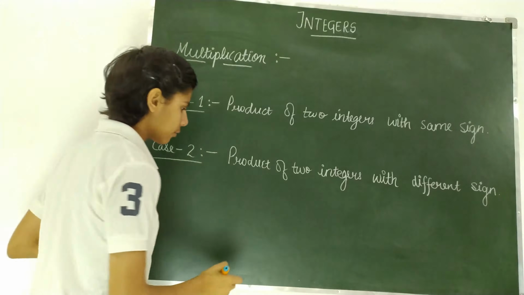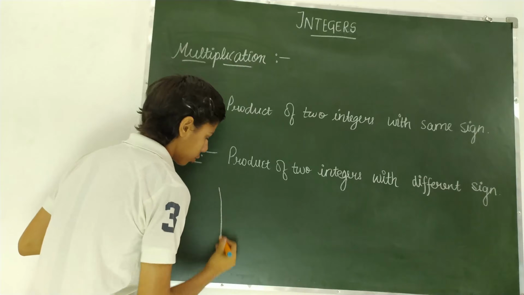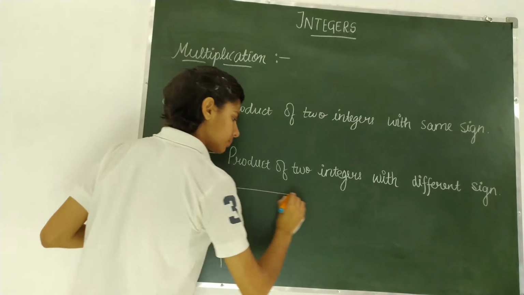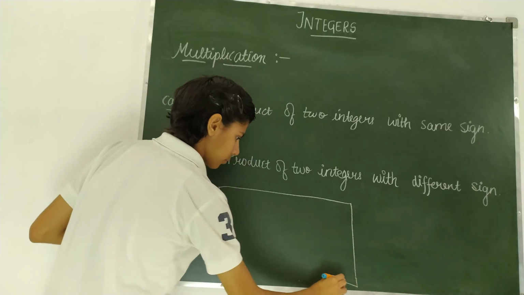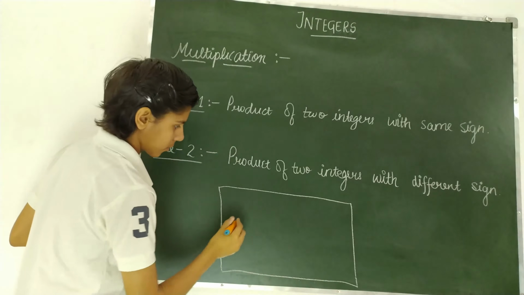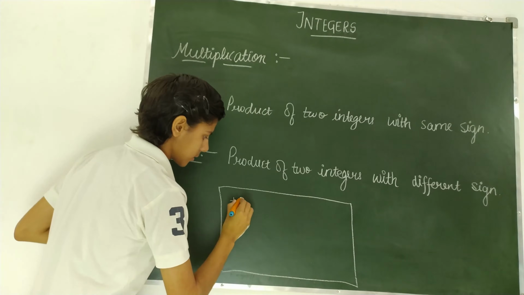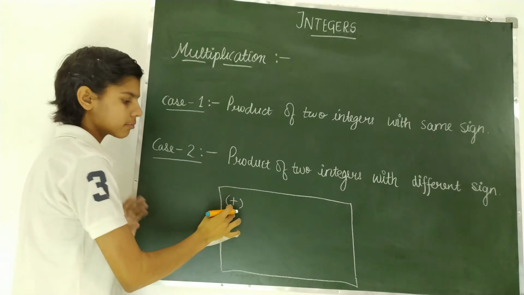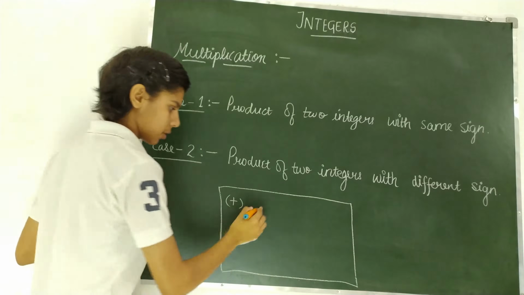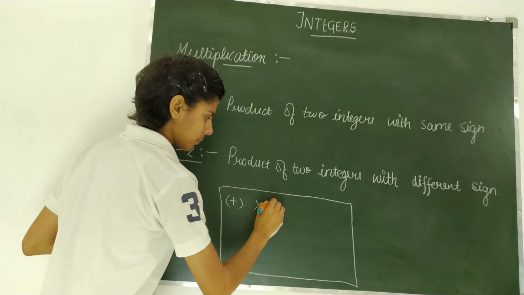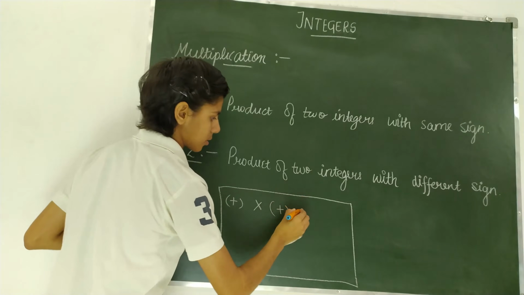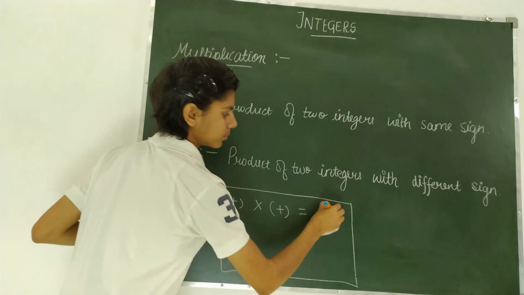First of all, we have four rules here. Plus into plus: the plus here means the first number is positive, we are multiplying, another is also positive, the answer will come positive.